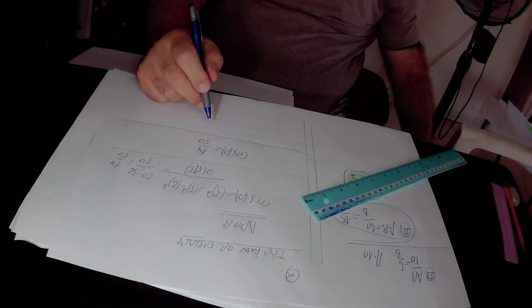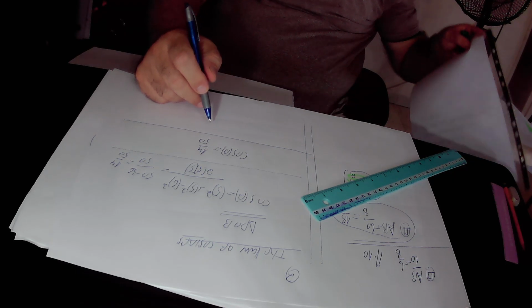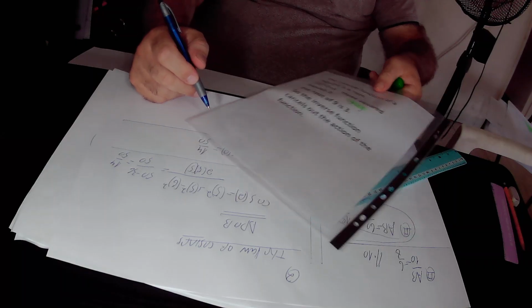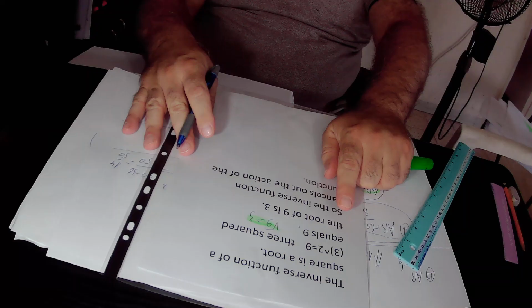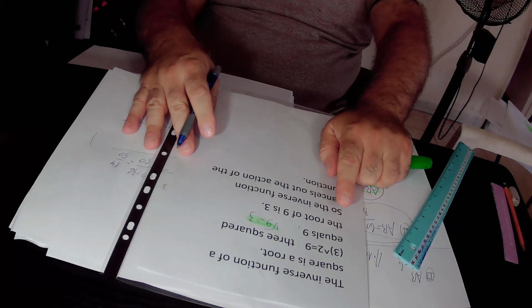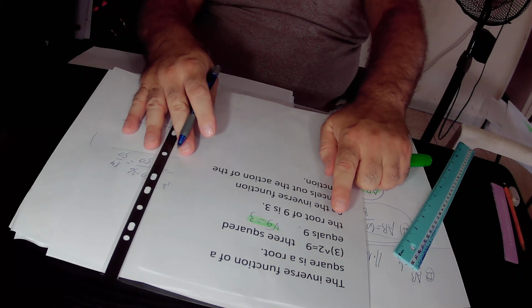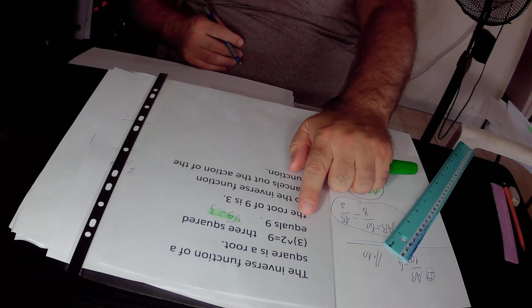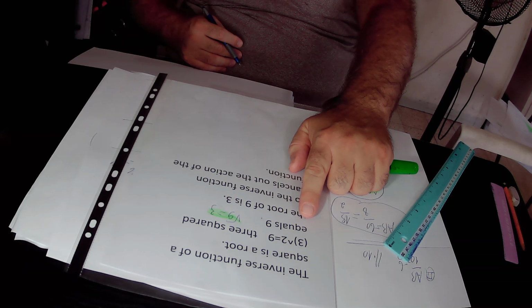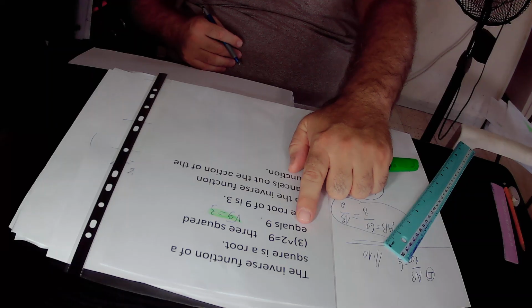We know that the inverse function of a square is a root. So if we operate the square on number 3, the square of 3 is 9.